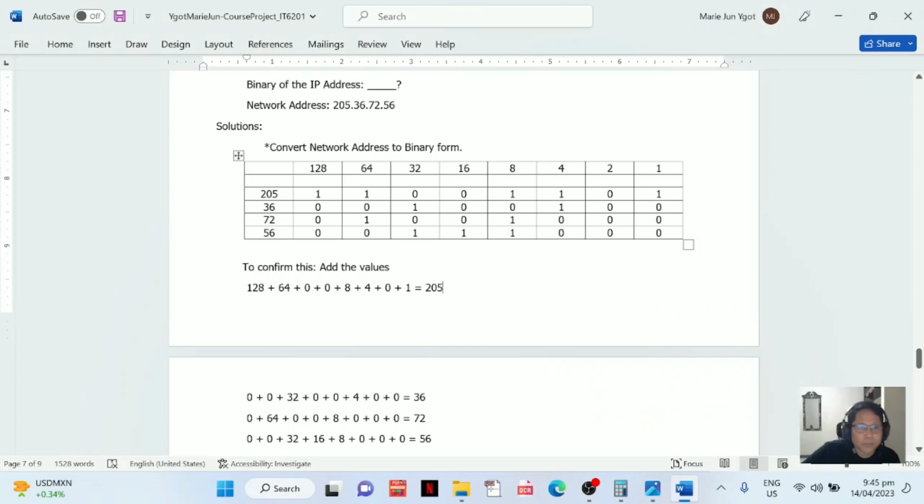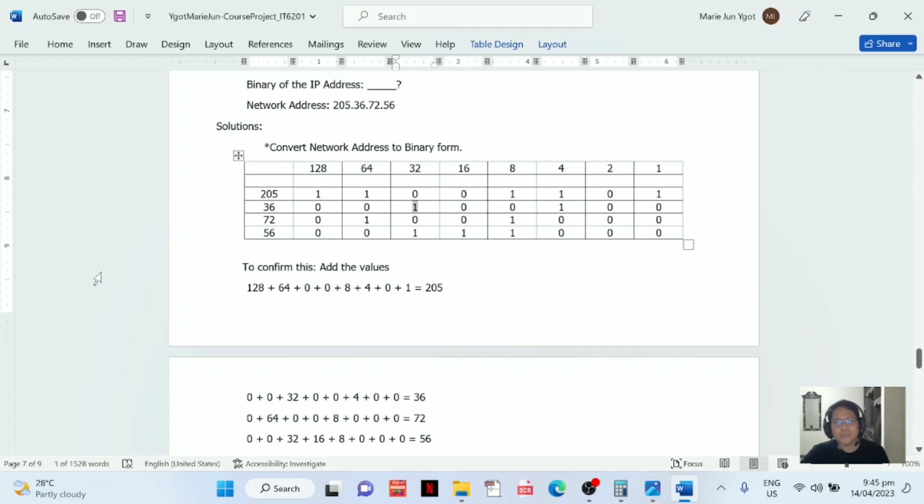So let's move on to 36. Again, we cannot use 128 to get 36, so this is 0 here. We cannot use 64, so we put 0 here again. And can we use 32 in order to get 36? Yes, 32.